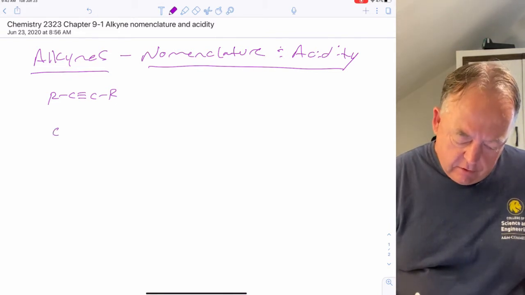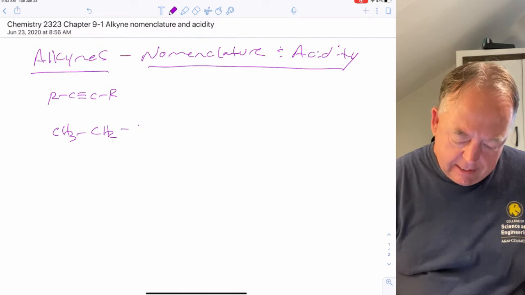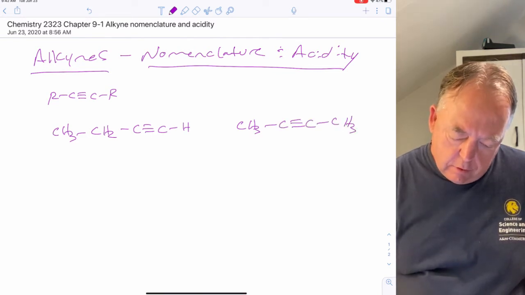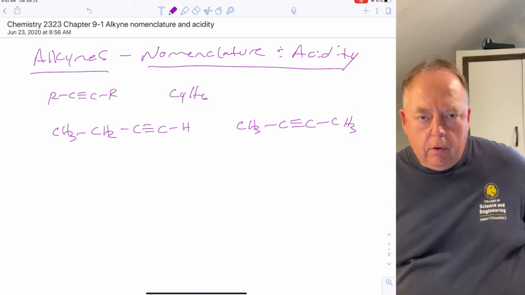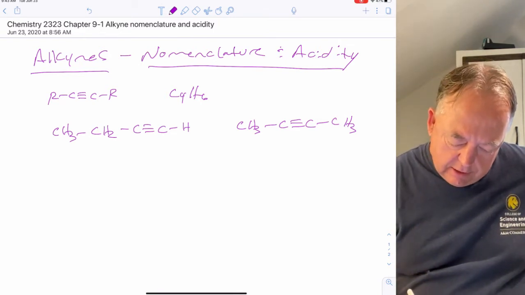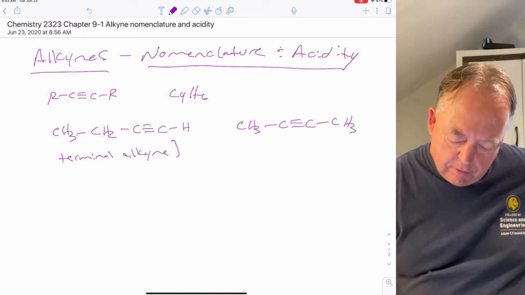Okay, so if you have an alkyne, let's just take a couple of examples. Those are both C4H6. So both are alkynes with a 4-carbon chain. This would be what's known as a terminal alkyne, since the triple bond is at the end.